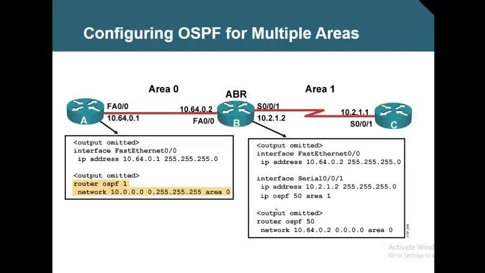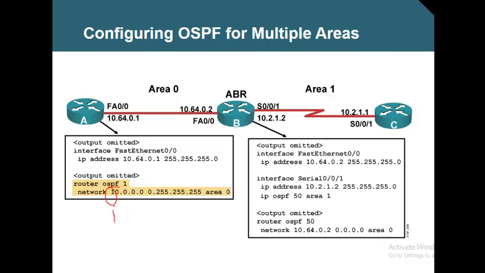Multi-area. We have learned earlier that the area ID should match in order to form a neighbor. Because this belongs to two different areas, you must specifically run OSPF for the subnets, not globally like what you see here.